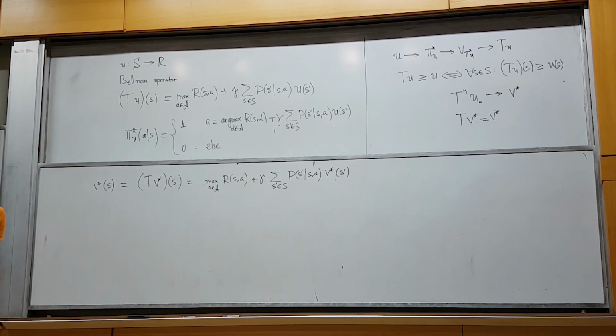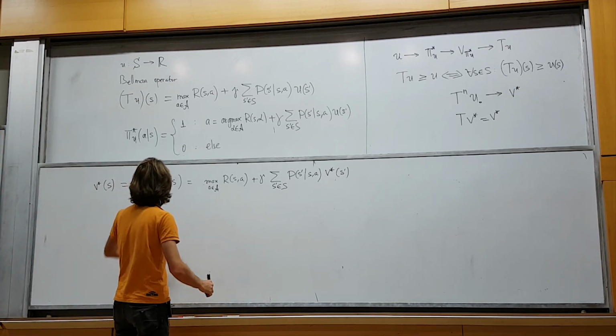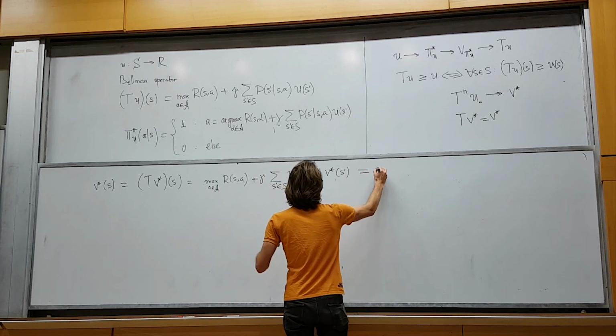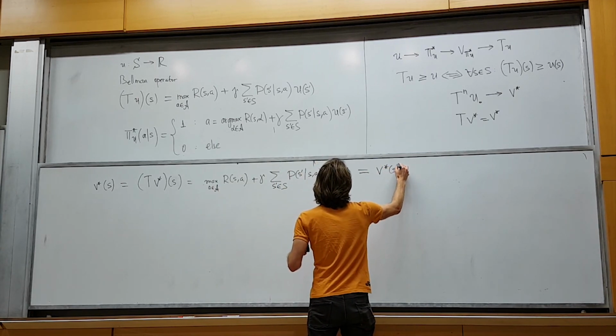Okay? What are we doing now? Well, I'm just writing optimality conditions. This equals V star(S).